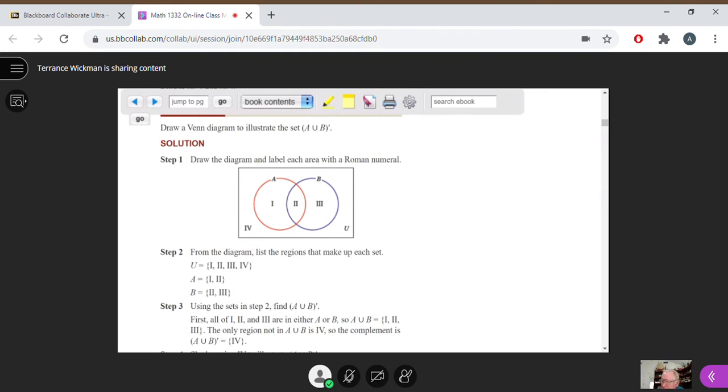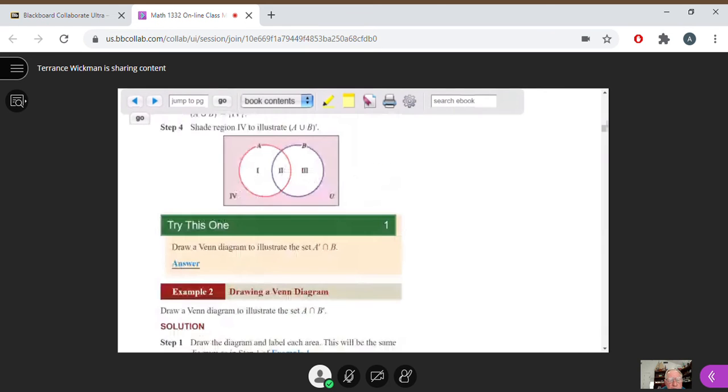Does that make better sense? Yeah, I get it. A union B is everything in 1, 2, and 3, but everything that's not in there can't be in there. The only thing that's not in that is number 4. So the whole point of this problem is knowing what union means and what that little apostrophe means, not that stuff. So let's go to the next problem.